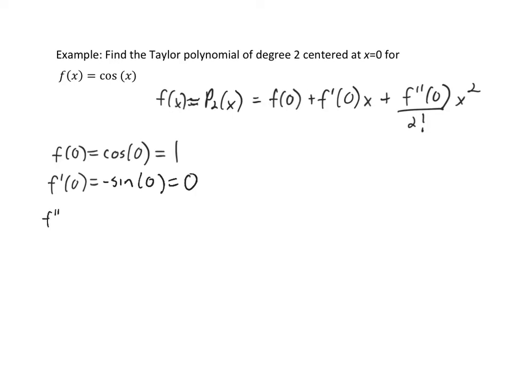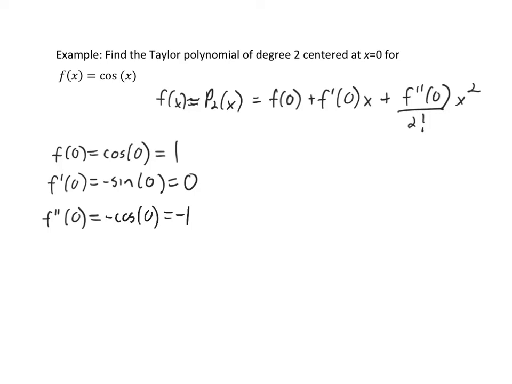And then the second derivative, f double prime of 0, would be the derivative of the first derivative, and the derivative of sine is cosine, so negative cosine of 0 is negative 1.